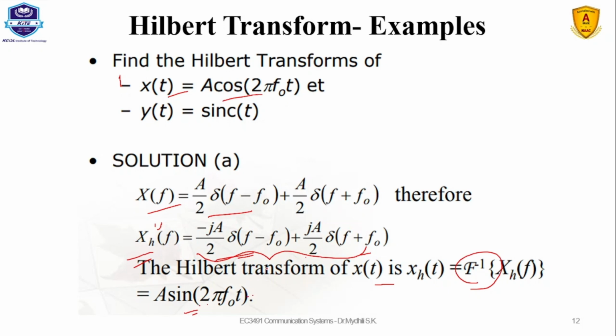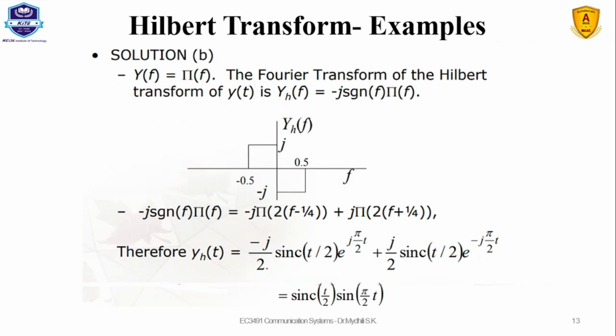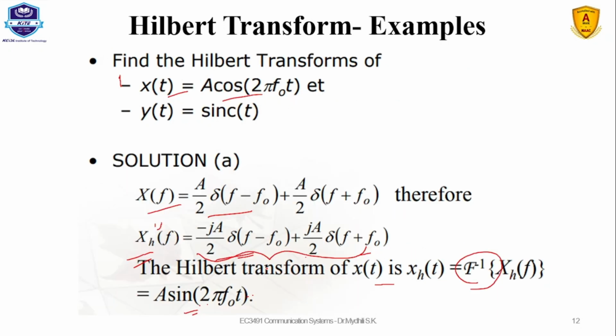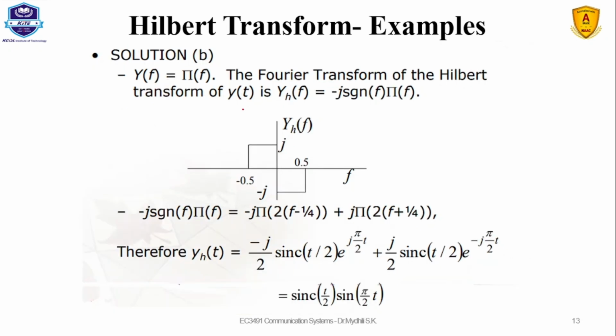This is for the first solution, whereas the next solution is in terms of the sinc function, sinc of t. The sinc functionality, as I said, will be represented in terms of two terms, one with the signum function having a minus and plus value. We take y of f, that is the Fourier transformation of the same, and represent it in terms of Hilbert transformation, and finally represent the equation for the given signum functionalities.